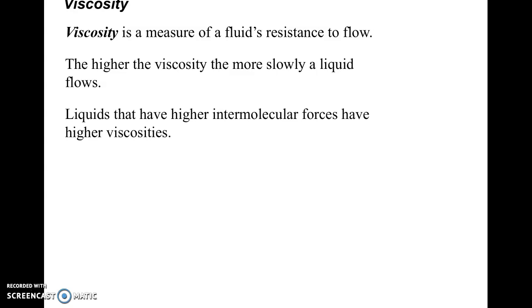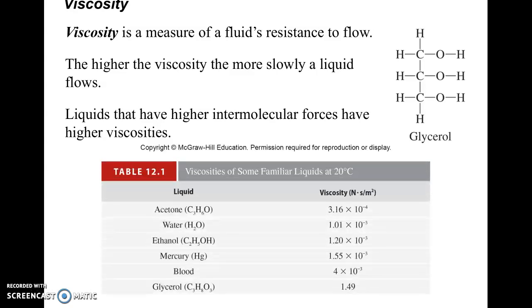So materials that have a high viscosity also have very high intermolecular forces. An example here is glycerol. Glycerol is very thick and syrupy, and you can see the reason why. It's got 3 OH groups, which means there's a tremendous amount of hydrogen bonding between glycerol molecules.